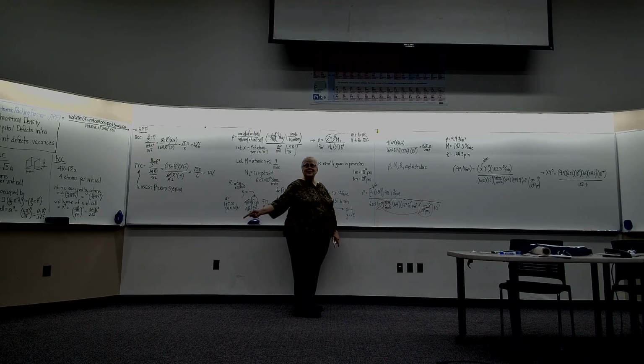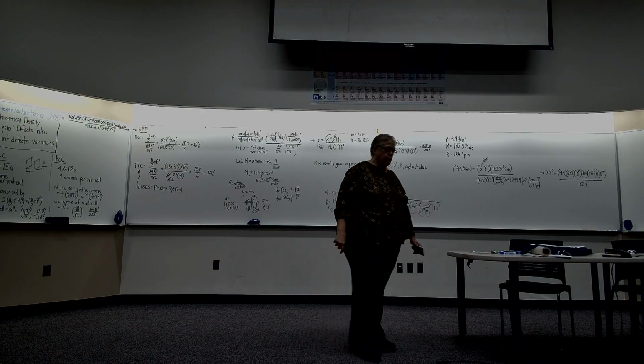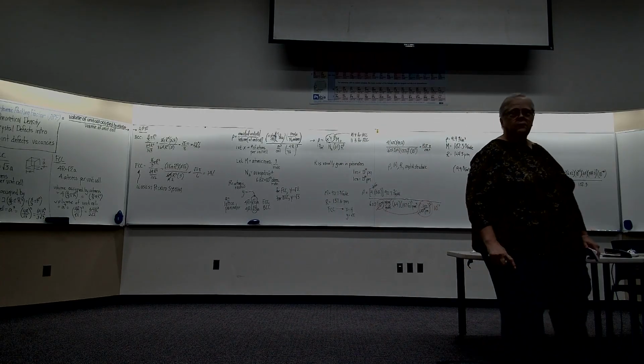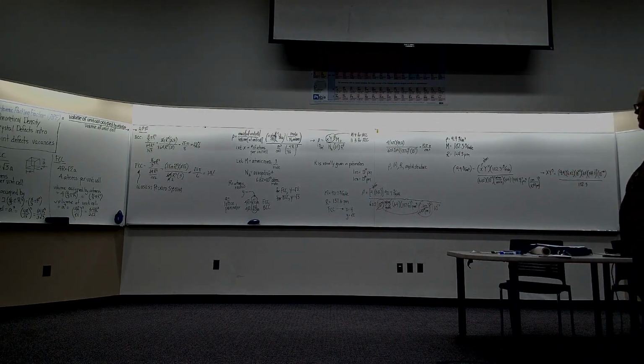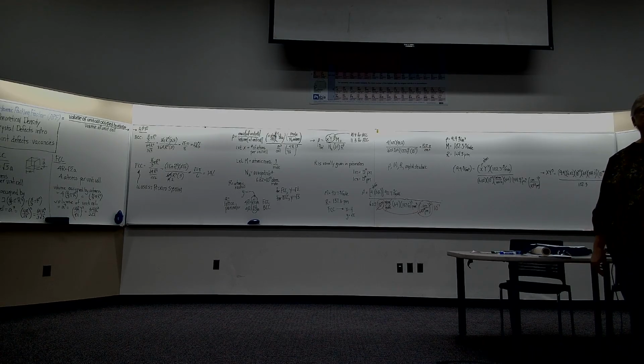You still probably need to test the other number, right? But you could do that. You don't have to use this method, but it is faster, for sure. And similarly, the unknown might be R, or the unknown might be M. Do that the same way. Okay? Theoretical density.